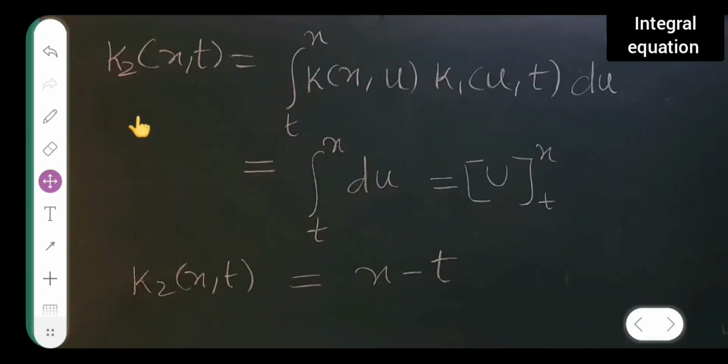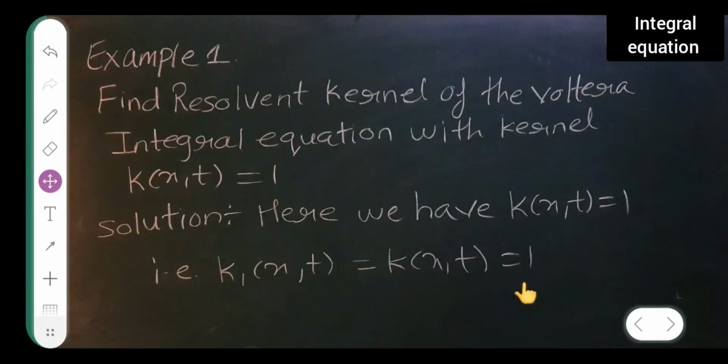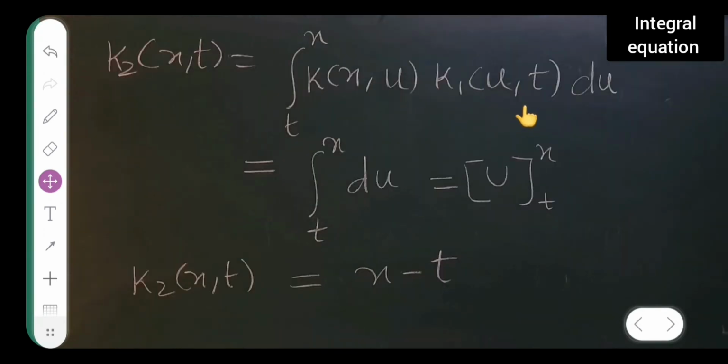Next, k2(x,t) = ∫ from t to x k(x,u) k1(u,t) du. Now k(x,u) is nothing but 1, my kernel is 1, so this is also 1. So du will remain.